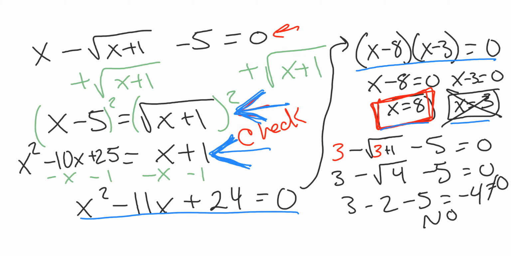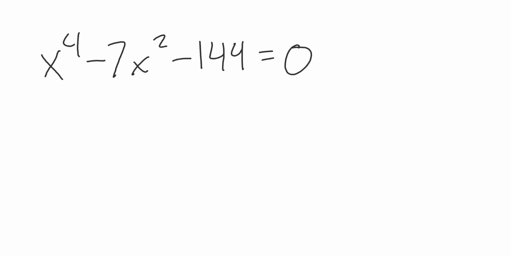Okay. Let's go on to the next example, which is a little more interesting. Here we've got x to the 4th minus 7x squared minus 144 equals 0. Okay.